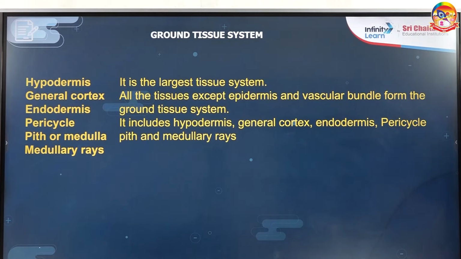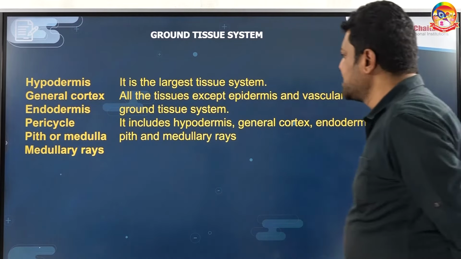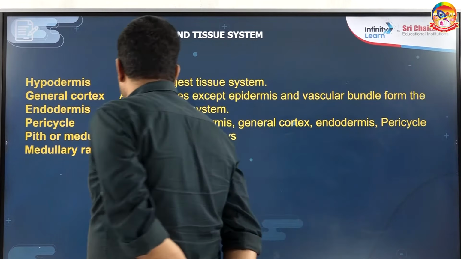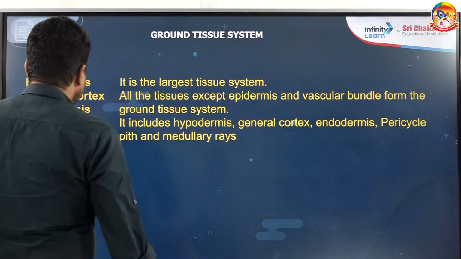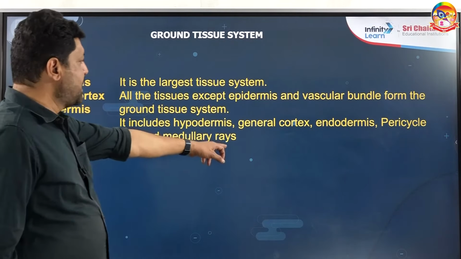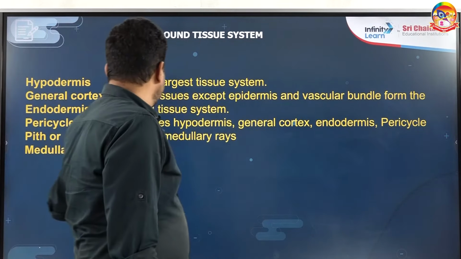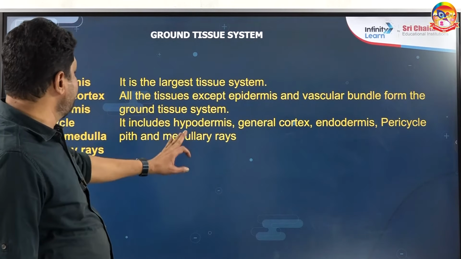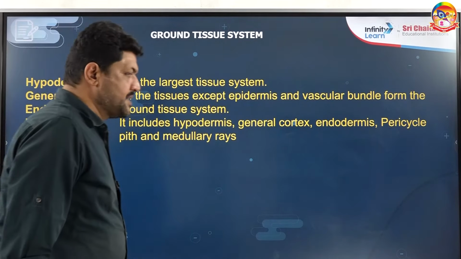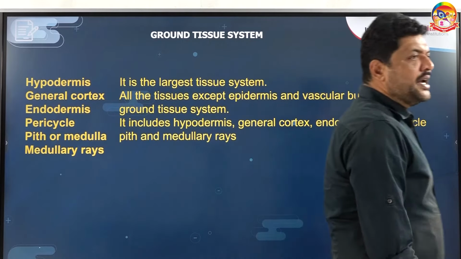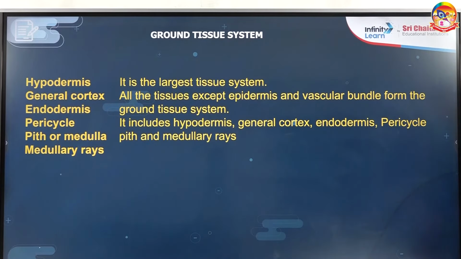All tissue apart from epidermis and vascular bundle together are called the ground tissue system or fundamental tissue system. It includes hypodermis, general cortex, endodermis, pericycle, pith, medulla and medullary rays. These are covered under the ground tissue system.